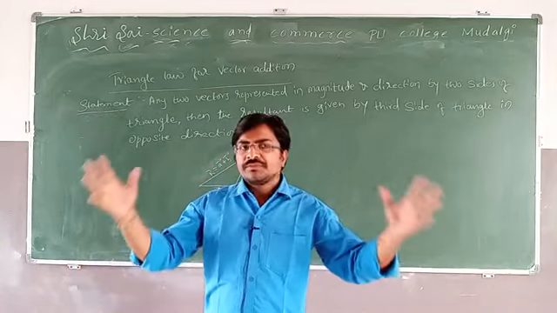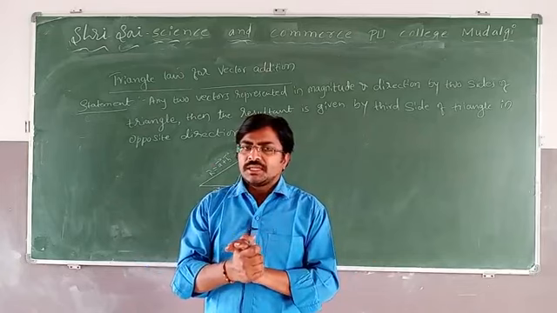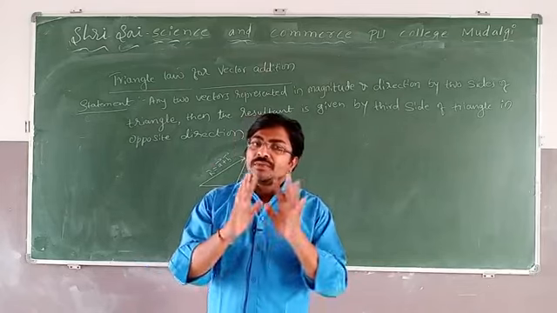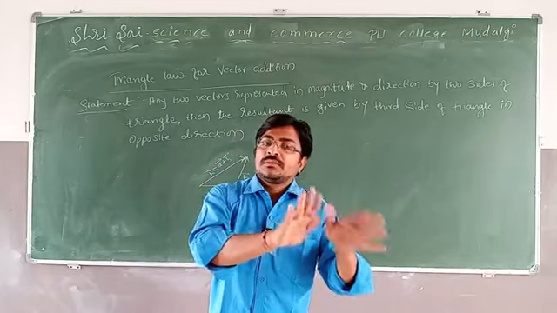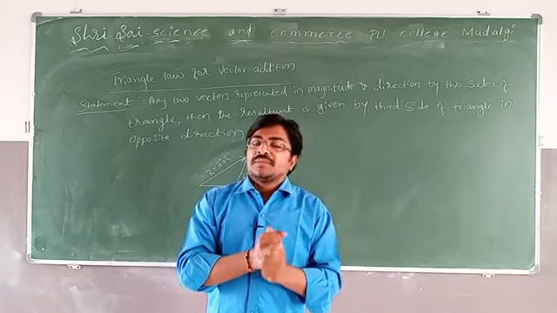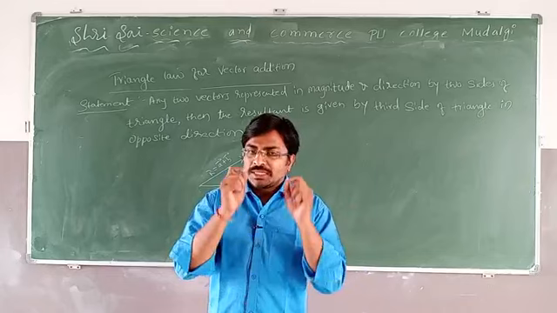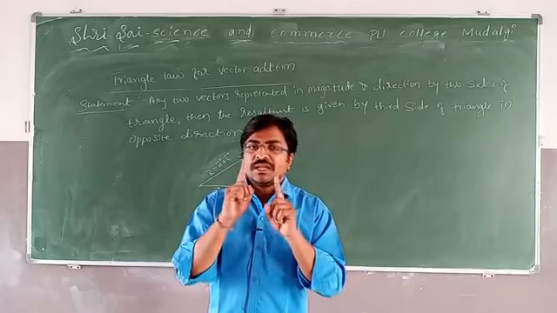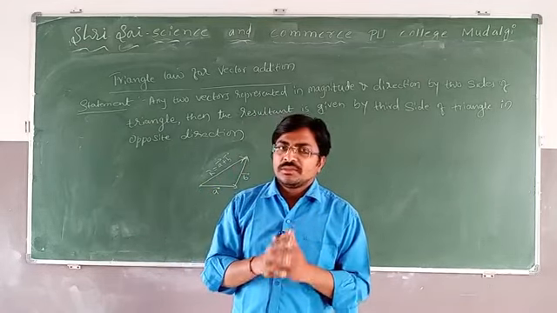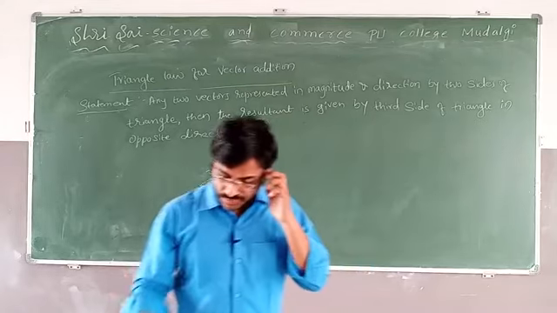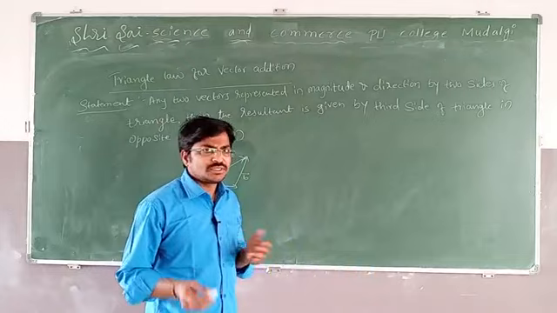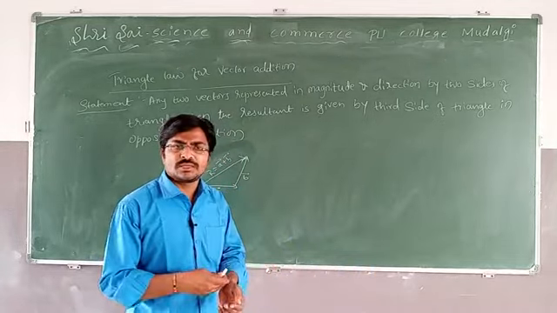There are different types of physical quantities, out of which some are vector, some are scalar. Which quantity do we call a vector? Any physical quantity which has both magnitude as well as direction is called a vector. For example, force is one vector, velocity is one more vector.